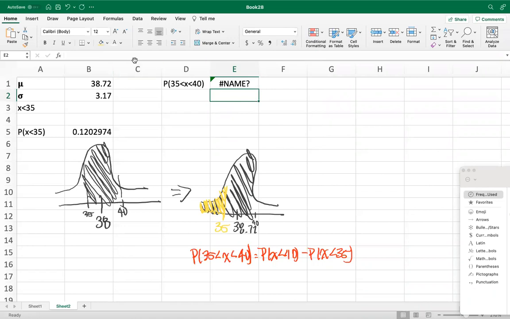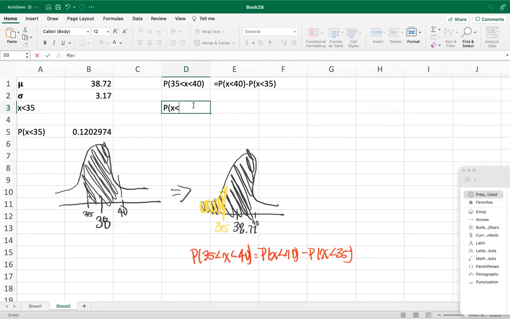All right, so there we go. Now we're going to look at the probability of X being less than 40, then the probability of X being less than 35.